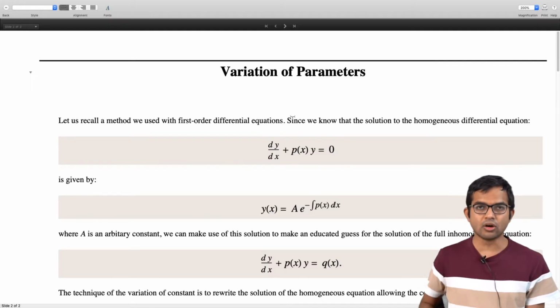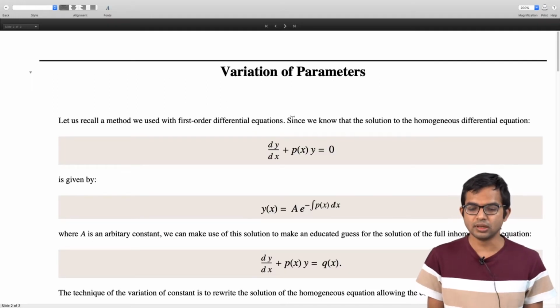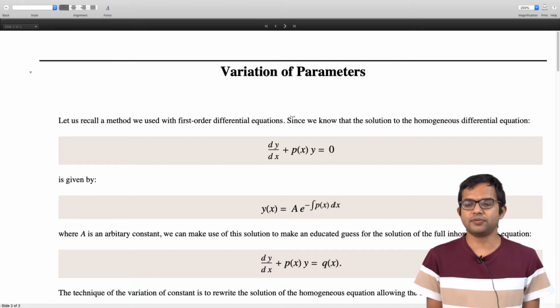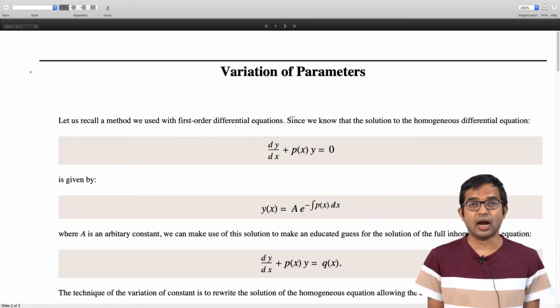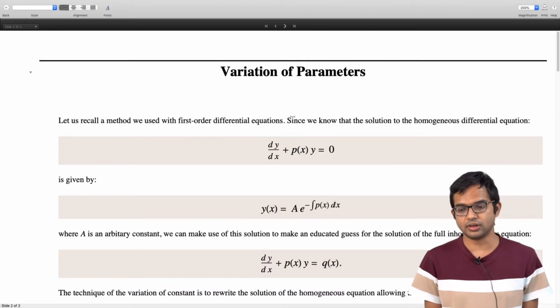Okay, so let us recall what we did with first order differential equations. If somehow we were able to work out the homogeneous first order differential equation, which we have seen is always possible, right? So in fact you can write down the integrating factor and then you're done, right? So that's the advantage of a first order differential equation.